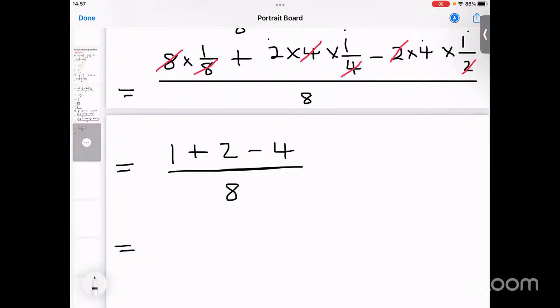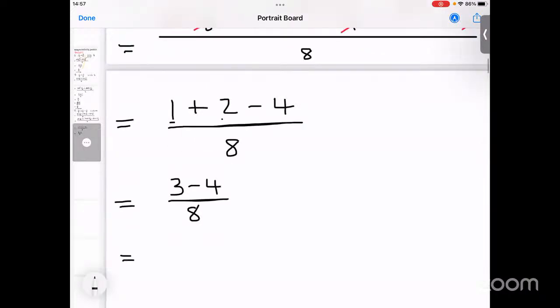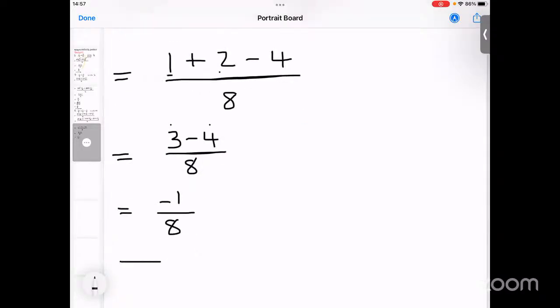You add and then later you subtract, which means you will take that 1, you plus it with 2, it gives you 3 minus 4, that is being divided by 8, then 3 minus 4, definitely it will be negative 1, that is dividing 8, and that should be the end of it.